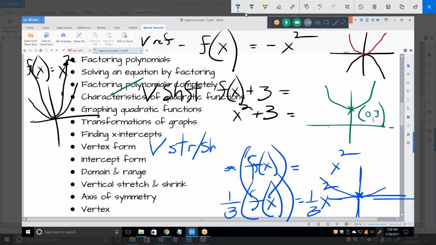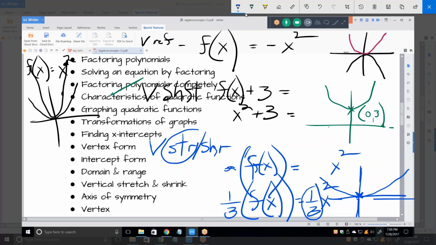In other words, when this number right there is less than 1, I shouldn't really say less than 1, I should say between 0 and 1, then its effect is to flatten out the parabola. That's why it's called shrink. It shrinks it.